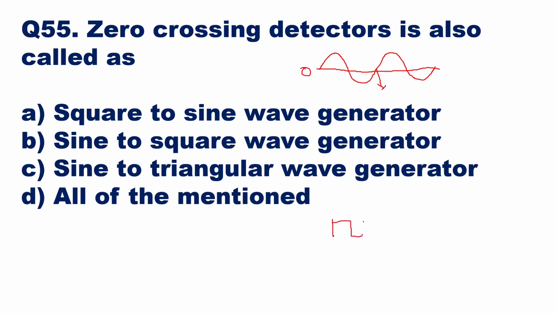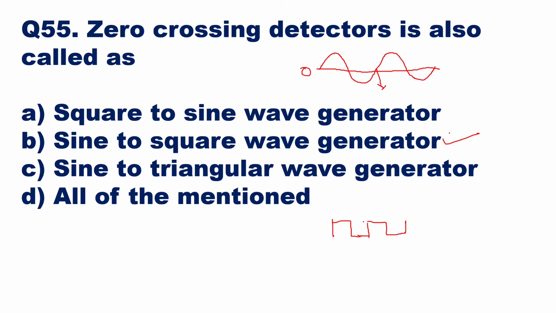It is going to change the state as the input crosses the zero line. So option B will be the right answer, sine wave to square wave. This type of comparator, a zero crossing detector, compares the zero line with the sine wave input, and the output will be a change of states waveform.